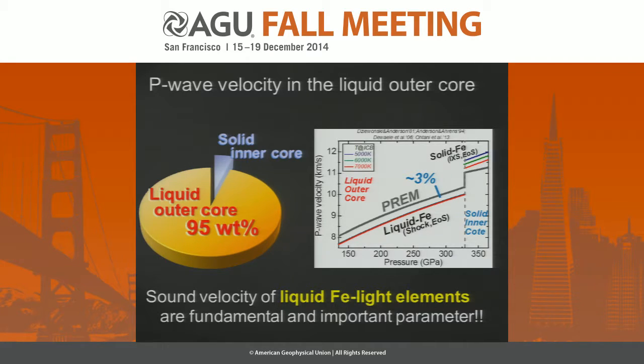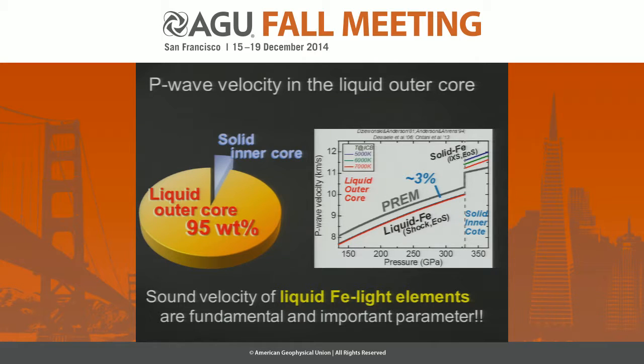So that figure shows the comparison between the seismological observation and the liquid iron. The Earth's outer core is 3% faster than liquid iron as estimated from a shockwave experiment.